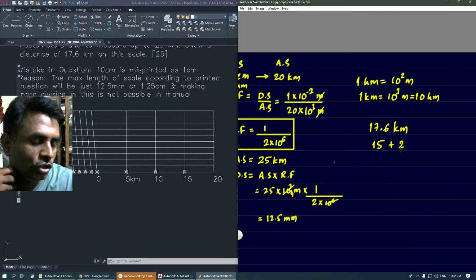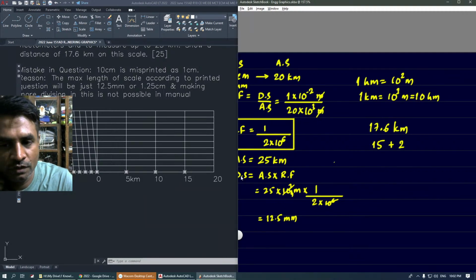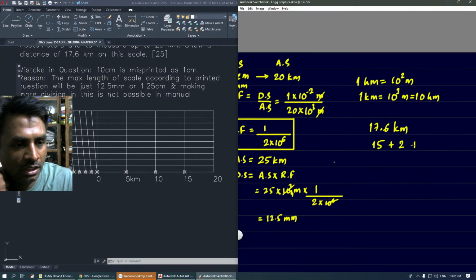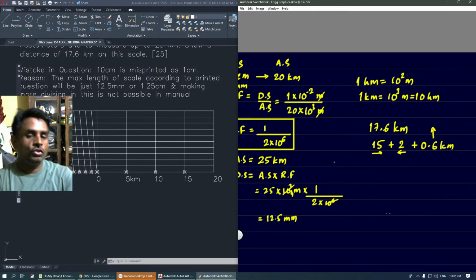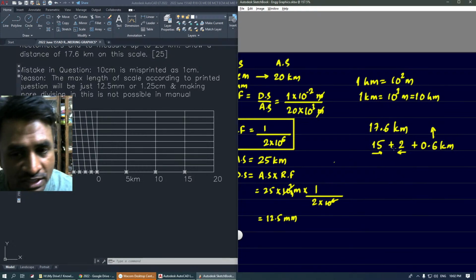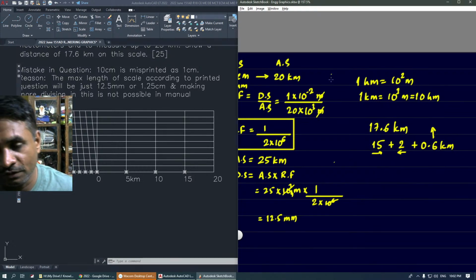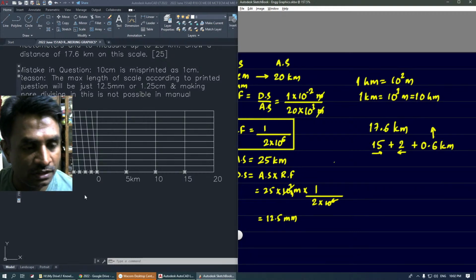So we have to add 2 on the left, and then we'll have to add 0.6 kilometers going upward. So 15 on the right side, 2 on the left, and then 6 divisions in the upper direction. That's going to give us the exact distance.